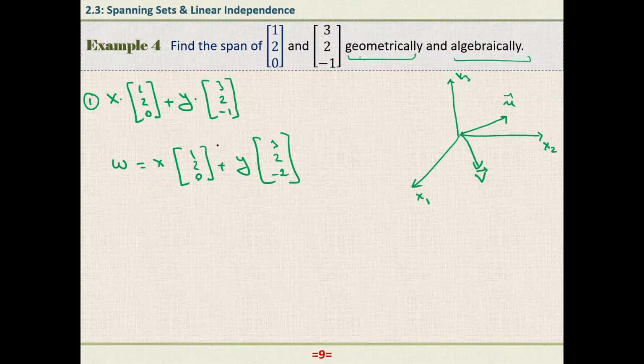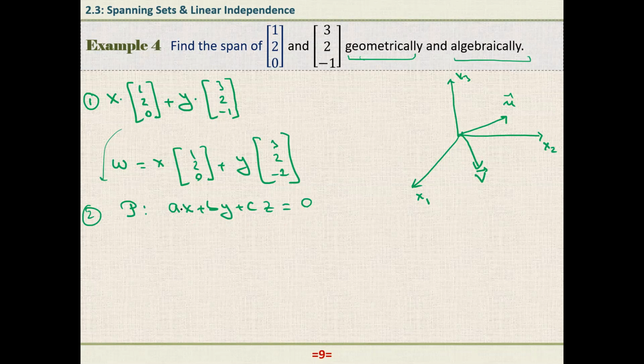Since the span of these vectors gives us a plane that passes through the origin, the equation of this plane will be a times x plus b times y plus c times z is equal to 0. It's a plane, and on the right hand side we have 0. That means it is passing through the origin.